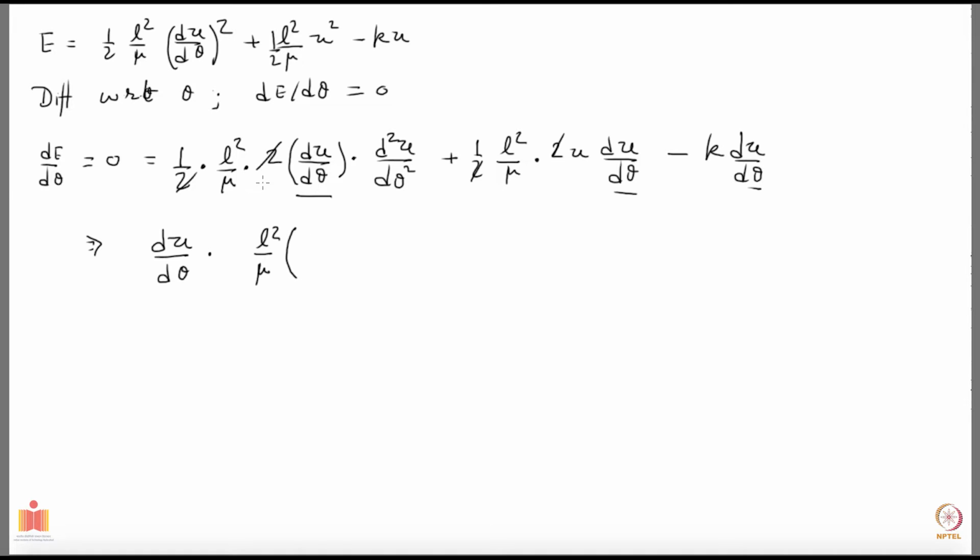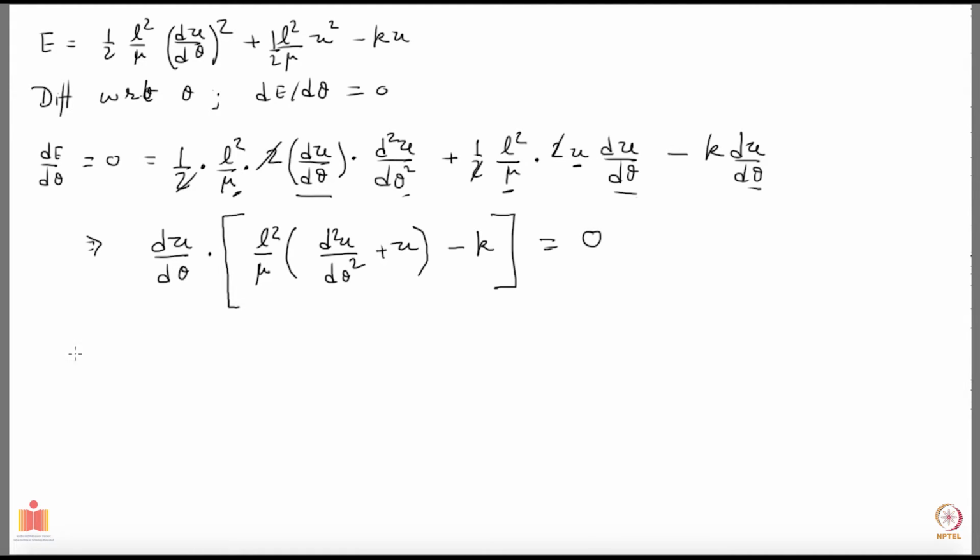Okay, this term here, this is the same thing in here, and I have d2u over d theta squared. I have taken this. Now I should take this piece here plus u. Okay, I have already taken du over d theta outside. Let me put a square bracket, and then I have minus k. Correct, that's correct.